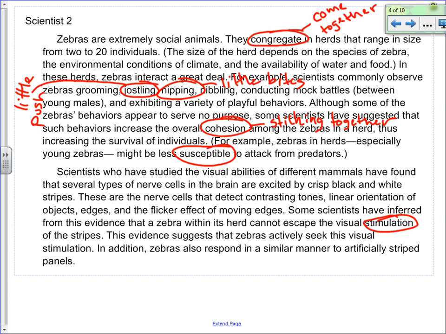All right, and now not the last word, second to last word, susceptible. This is also a good word to know if you're taking a flipper flap quiz, if you haven't taken that one yet. Susceptible, you might be less susceptible to attack. What do we think the word susceptible means based on that description? Likely. Yeah, likely to be attacked.